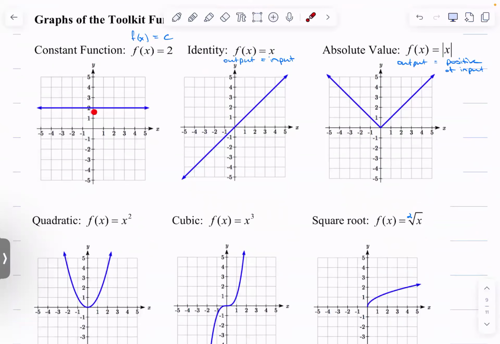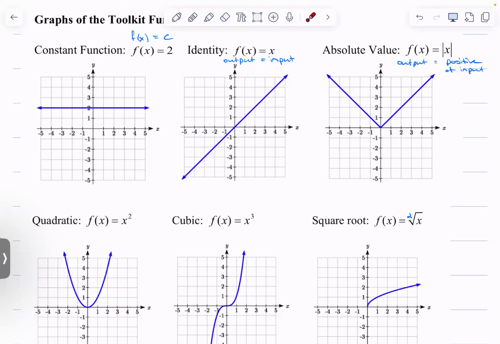It looks like this. Just a line, but it's a special case. If in this case f of x is equal to 2, then it doesn't matter which input I give, the output will always just be 2, right? So it's just a horizontal line. Very boring, but it exists.